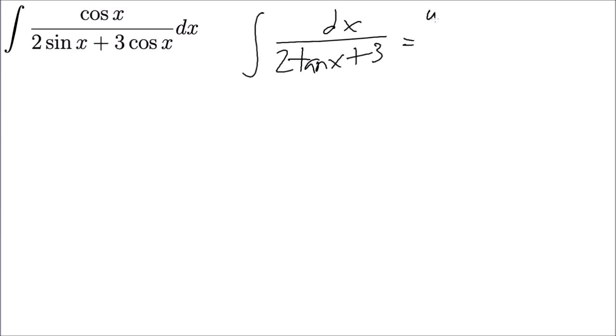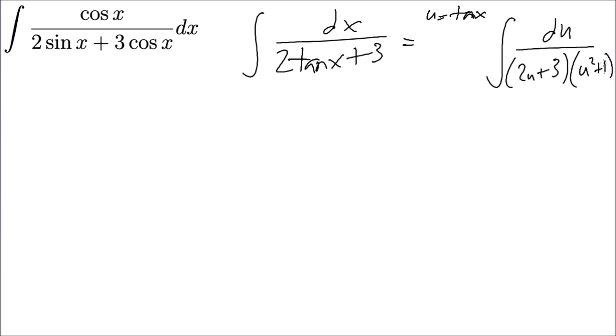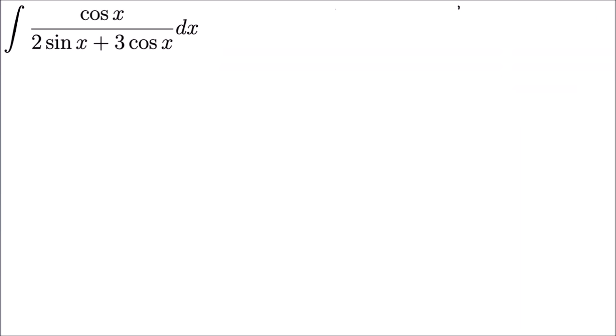If I let u equal tangent x, then I get du over (2u plus 3) over (u squared plus 1). That's nasty. Alright, Weierstrass it is. Okay, I guess we're doing Weierstrass.